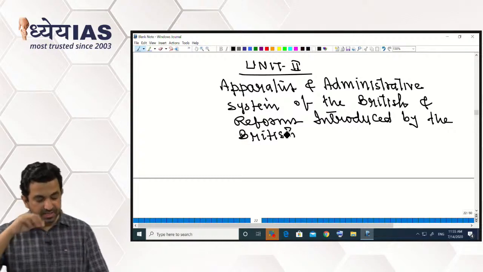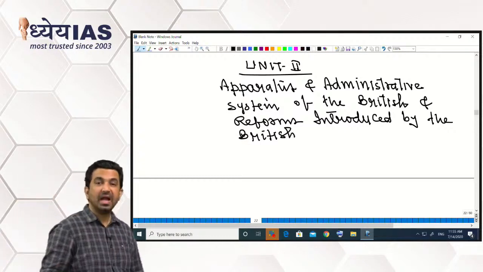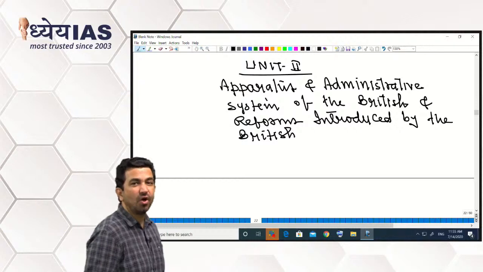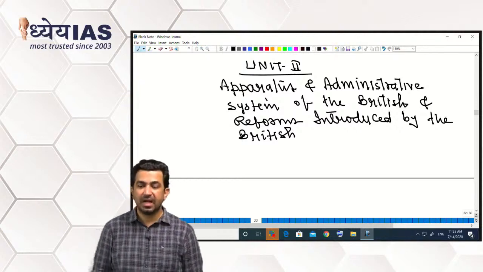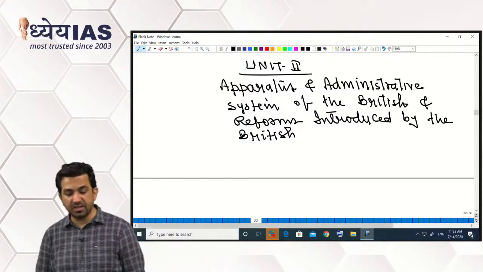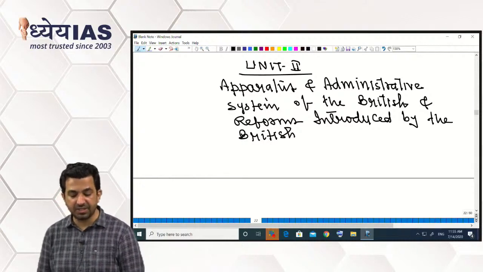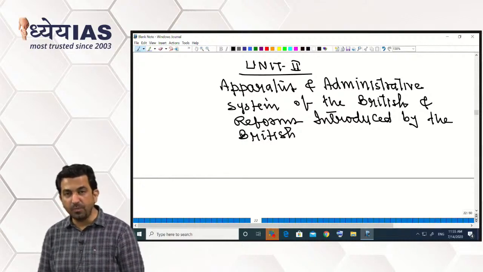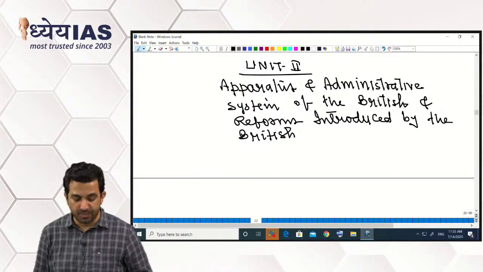So the administrative apparatus of the British Raj, and reforms introduced by the British.